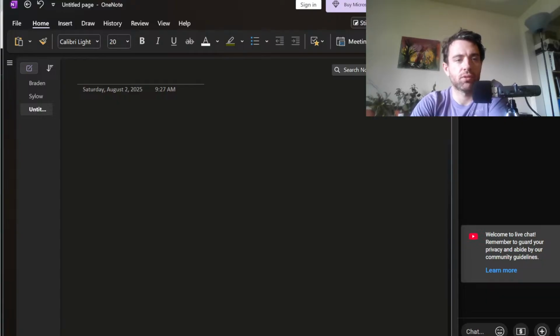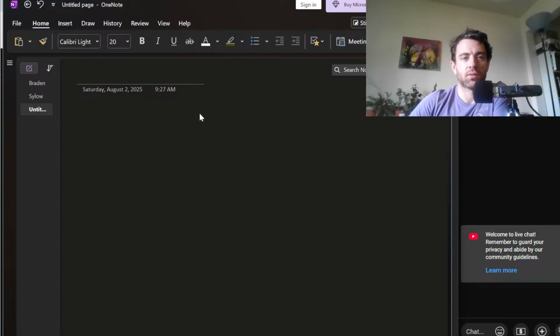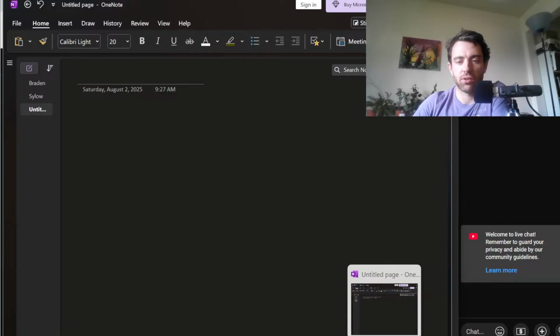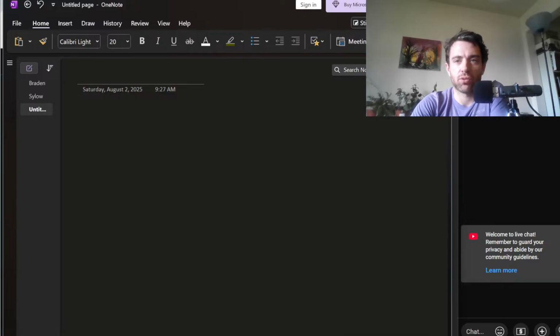What is going on here? Okay, the stylus is working because I can move the pen. Is it OneNote that's frozen? Oh, it's OneNote that's frozen. Of course it is.